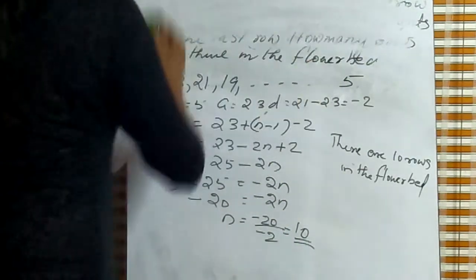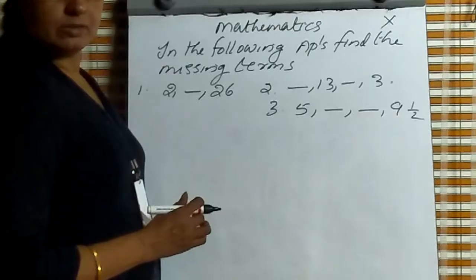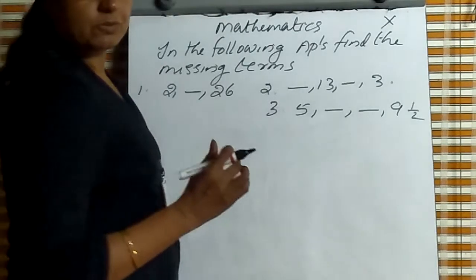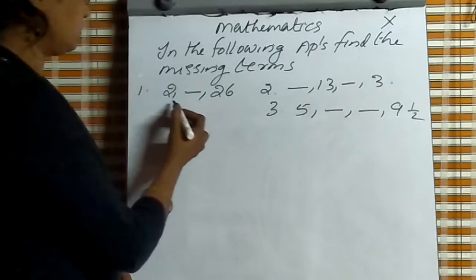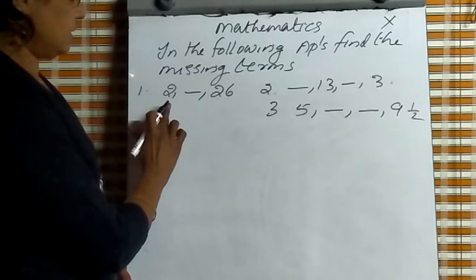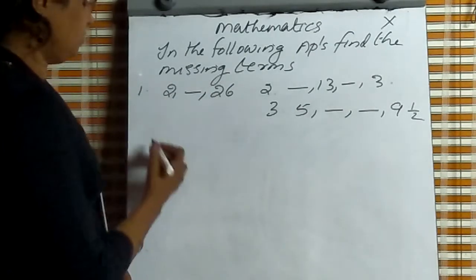Next question. In the following APs, find the missing terms. Question 1: first term 2, second term unknown, third term 26.